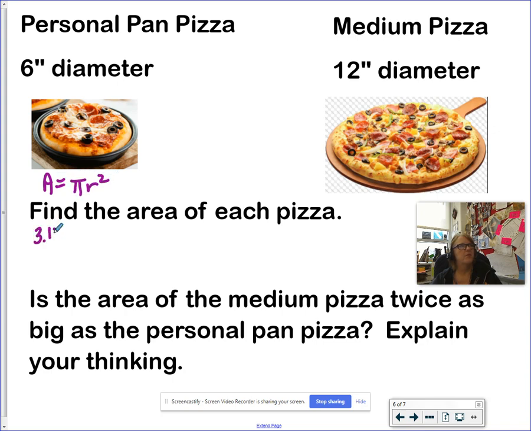So 3.14 times 6 times 6. You crank that out. This one, I'll write this one down as well. That is 3.14 times 12 times 12. So let's calculate those out, because then we want to talk about our answers for each one.